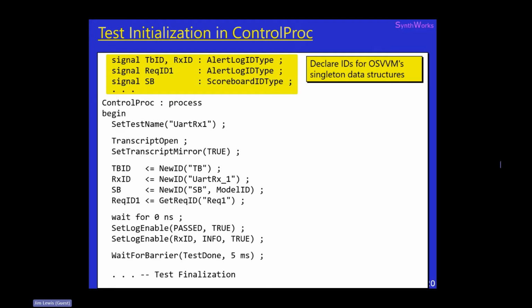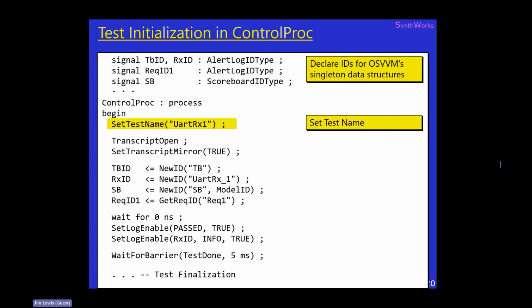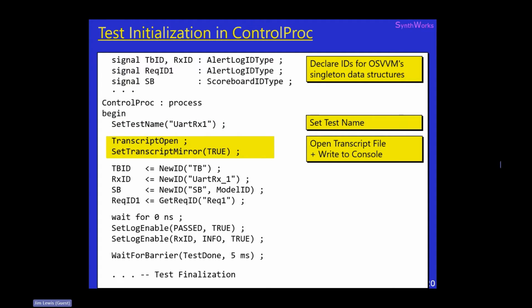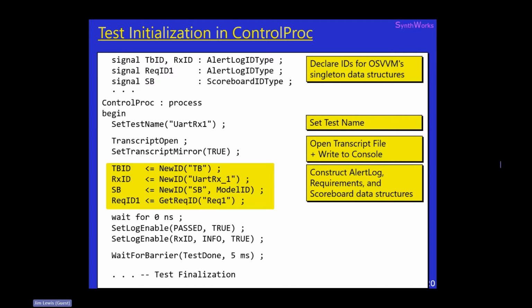Okay, so if you look at the test sequencer, the first thing you're going to see is a bunch of ID declarations inside of it. And these are all IDs that reference into OSVVM singleton data structures. So this is the container for them. We initialize the test. We open our transcript and potentially set up mirroring, so we write to console.